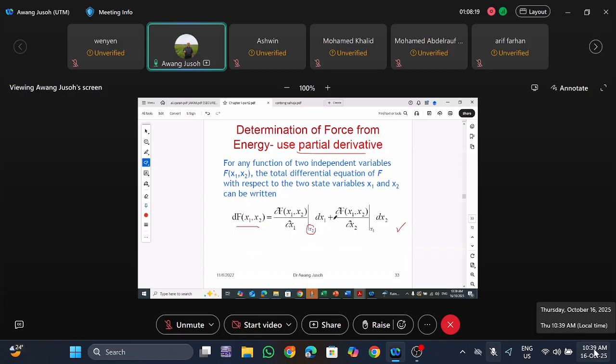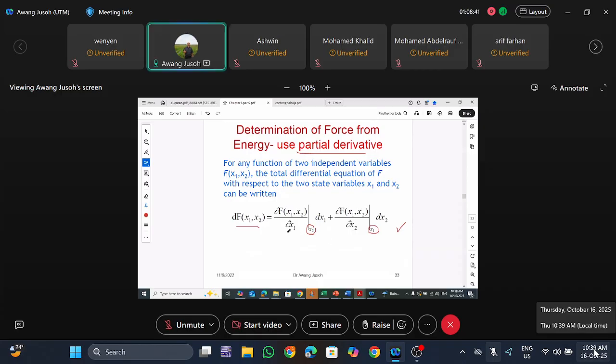Plus the partial derivative of f with respect to x2, where x1 must be constant. That is the formula, and we just follow the formula only. So don't worry, this won't be asked in the exam. We just show the flow, how to get the equation for force or torque.